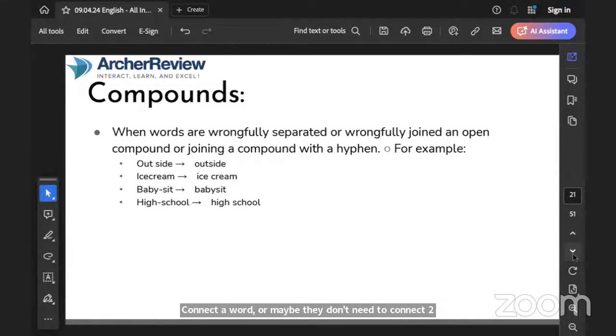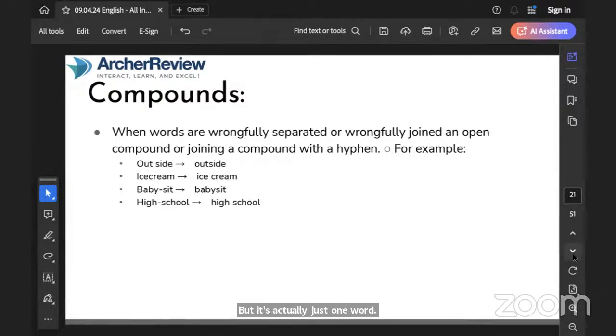So outside, if I'm going to go outside, that actually needs to be one word. I've seen where some students have grown up thinking that ice cream is all one word, but it's actually two words. The cream is of ice, so it's ice cream. And babysit, a lot of times people will try to put a hyphen in between baby and sit, but it's actually just one word.